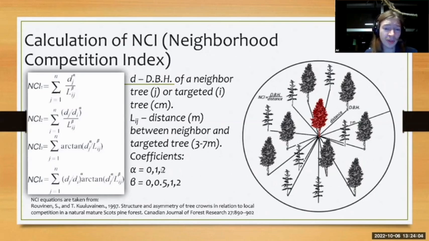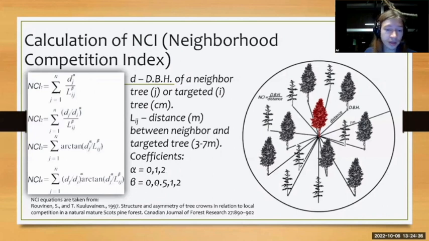I also applied coefficients to each of the NCIs. A coefficient of 0 means that there is no effect of the diameter or distance; 1 if there is a straight relationship; and 2 for a squared effect of the diameter, for example.